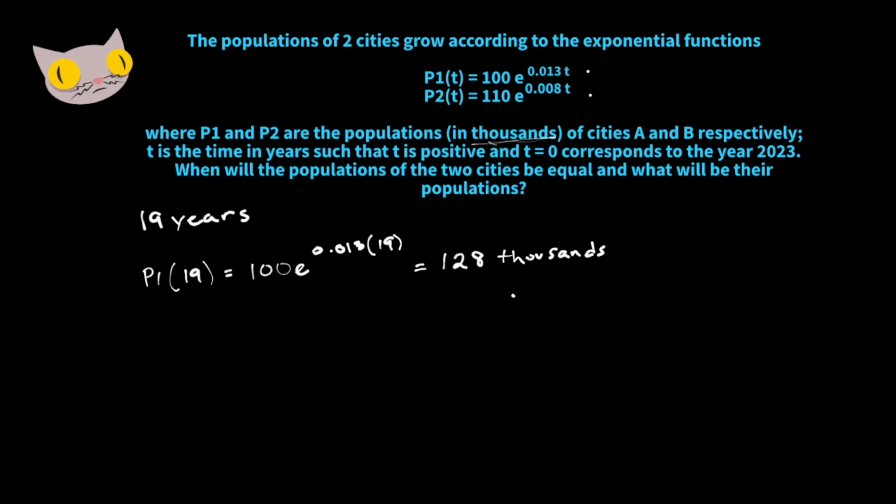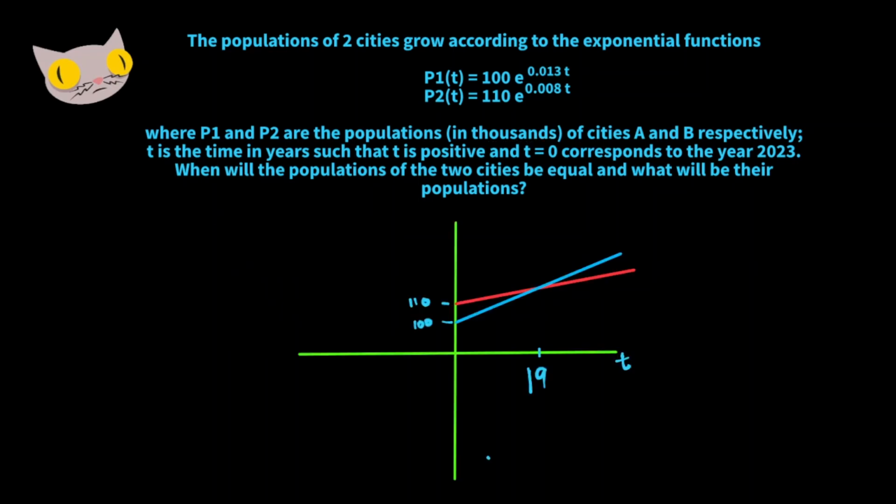So 128,000, and it's going to be the same for P2, 128 thousands. And here's what the graph for that would look like, where t is on the x-axis. At 19 years, P1 and P2 will be equal. At 19 years and 128,000-ish people.